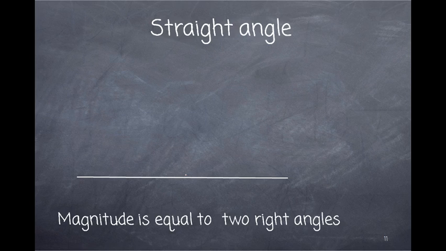Okay. Another angle is the straight angle. For the straight angle, the magnitude or the size of the angle should be equal to two right angles. To illustrate, I take this vertical line.